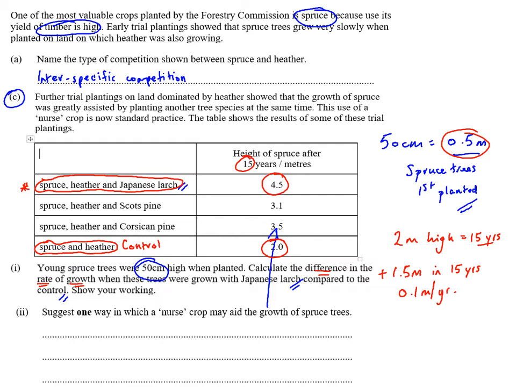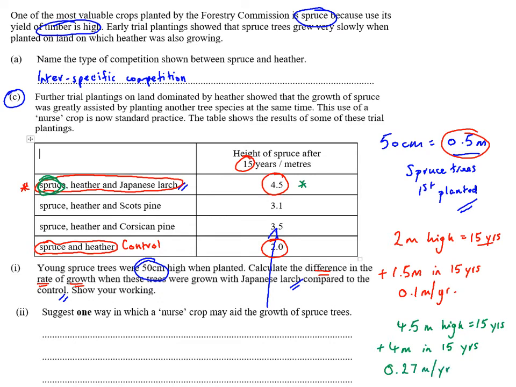Now, when we look at the spruce growth here, in the presence of both heather and Japanese larch, we get 4.5 meters after 15 years. So 4.5 meters high, this spruce this time, in 15 years. So that's an increase of 4 meters of growth in 15 years. So 4 meters divided by 15 years is 0.27 meters per year of growth.